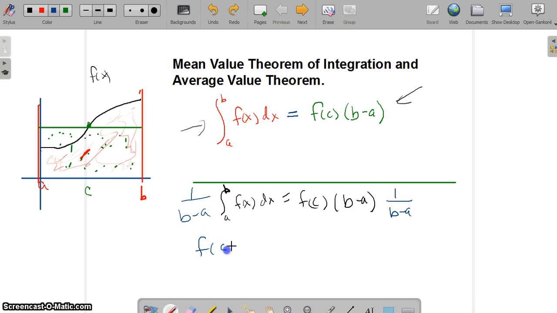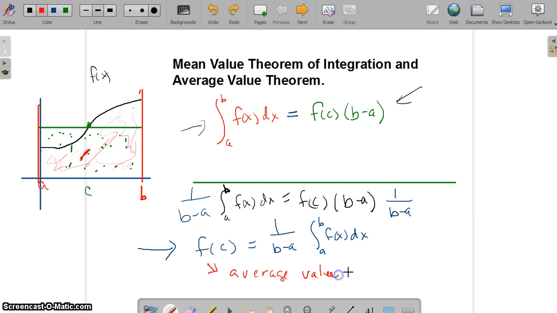I get f of c equals 1 over b minus a times the integral of f of x dx. What f of c represents is referred to as the average value of f of x.